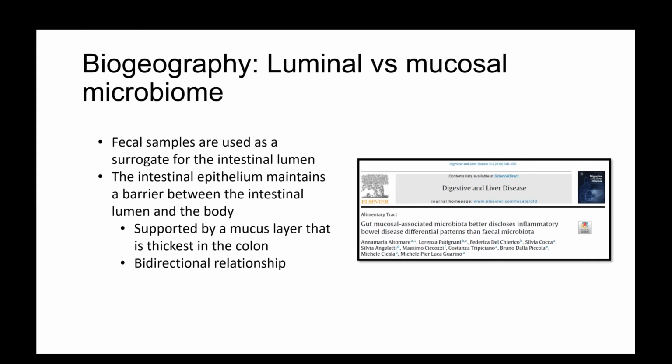The mucosa-associated microbiota and intestinal barrier are associated with conditions ranging from inflammatory bowel disease to food allergies, but are more difficult to measure compared to stool samples, which is why we often rely on stool-based studies.